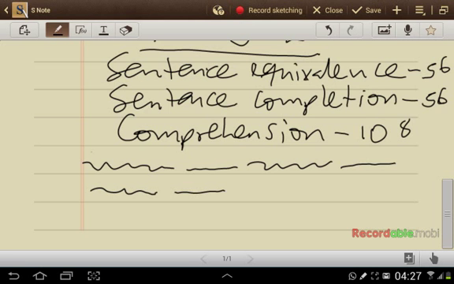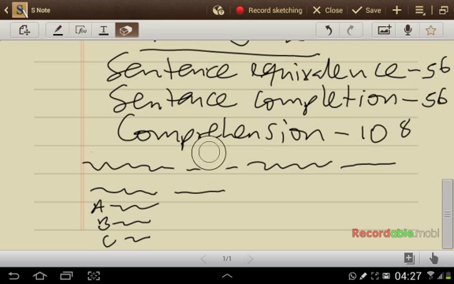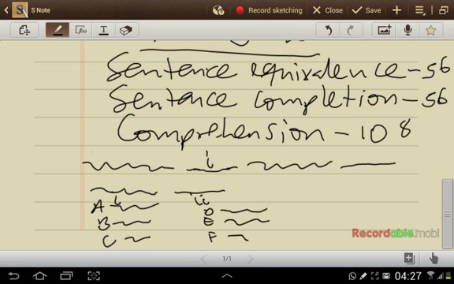So you have a group I with A, B, C, and some words that will fit for this space I. Then you have group II with D, E, and F, with words or phrases that will fit for space II.